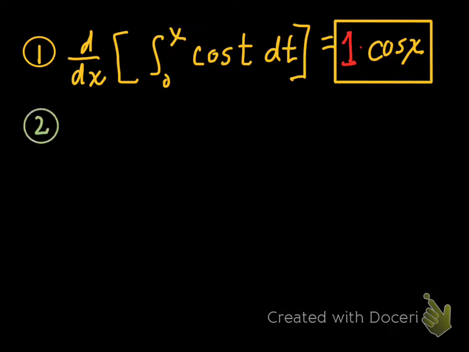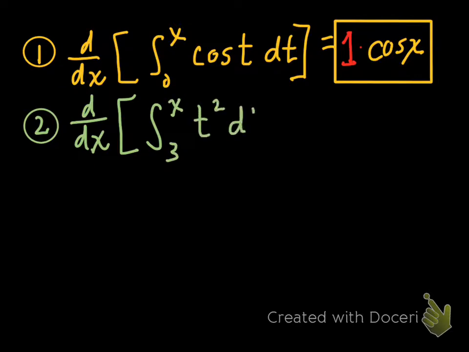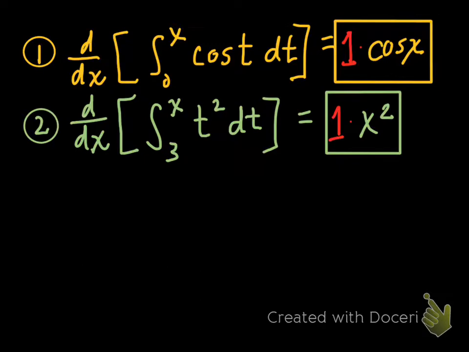Done. Second scenario, the derivative of the integral from 3 to x of t squared dt. Take the upper limit, put it in for t. You get x squared. Don't forget to multiply by the derivative of the upper limit, which is just 1. Done.